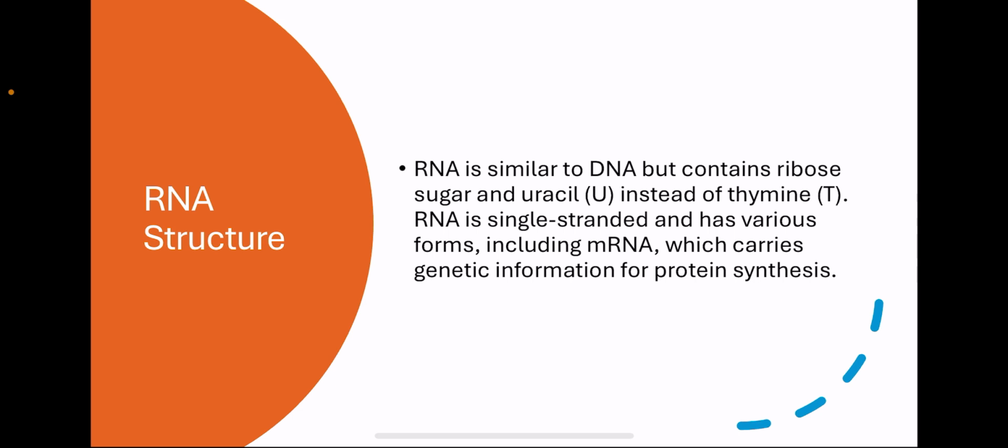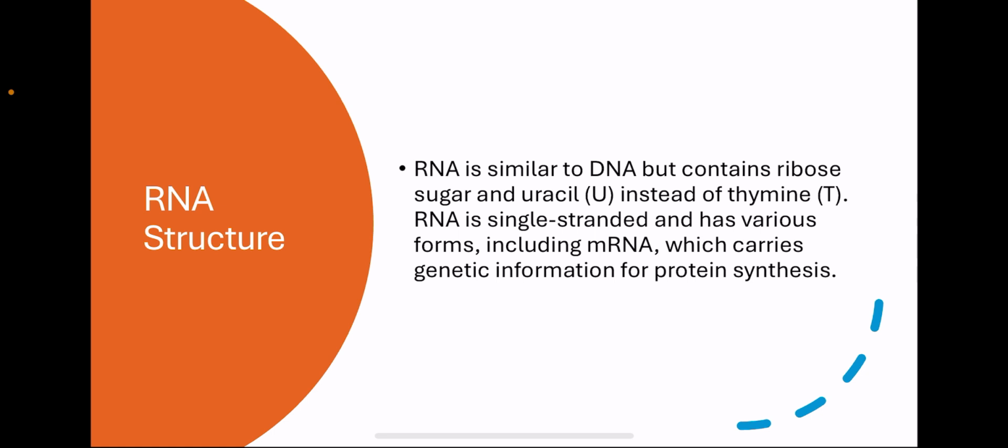And then RNA structure. RNA is a versatile molecule that decodes and expresses genetic information. And like DNA, RNA contains the sugar ribose and uses uracil in place of thymine. So when it comes to RNA, between the strands, adenine will hook up with uracil. There won't be a thymine.